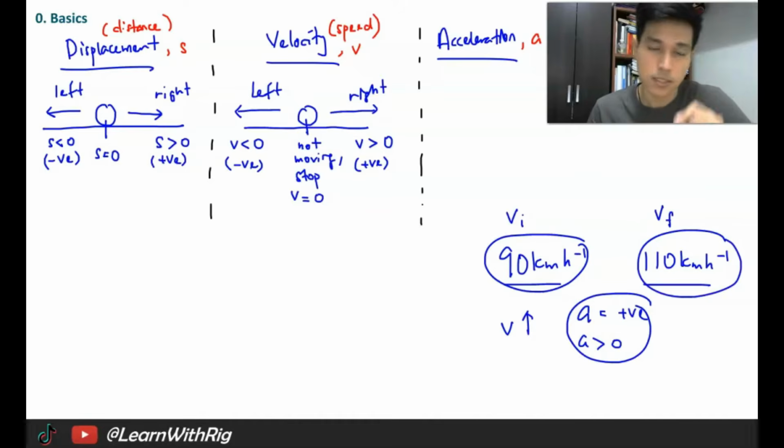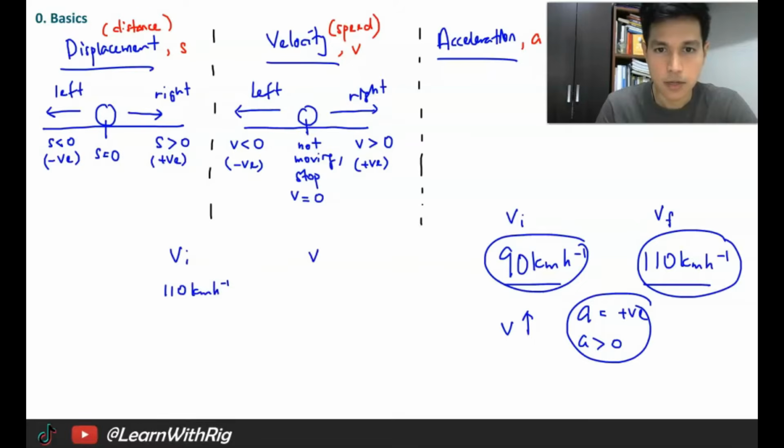Now if it's reducing, let's say initial is 110 kilometers per hour, and then he went to 90 kilometers per hour, he slowed down. So when he slowed down, that means your velocity is decreasing, right? So that means your acceleration is less than 0. That means a negative value.